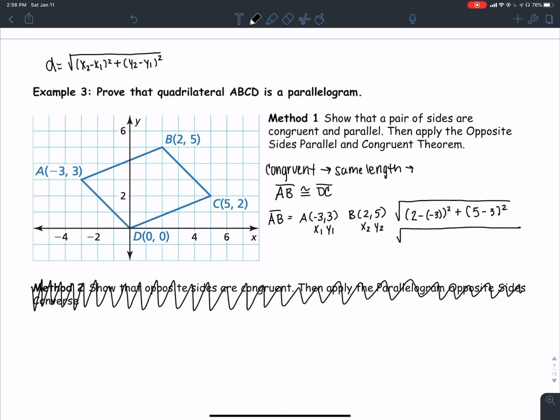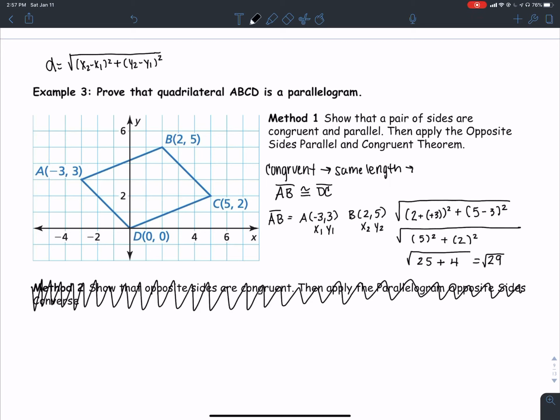So that's square root, keep, change, so that's 2 plus 3. So that's 5 squared plus 2 squared. Square root 5 squared is 25 plus 4. So that gives me the square root of 29.